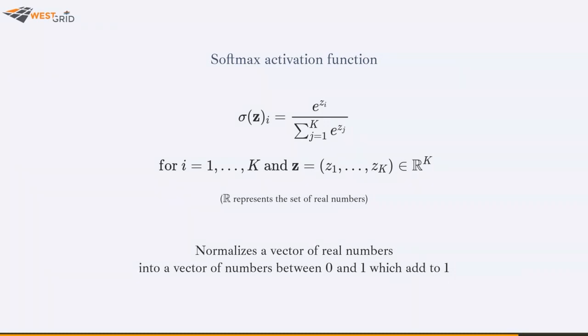Now, the sigmoid and the ReLU and all these activation functions are great if you have a binary decision to make. So they're very useful in between your hidden layers.